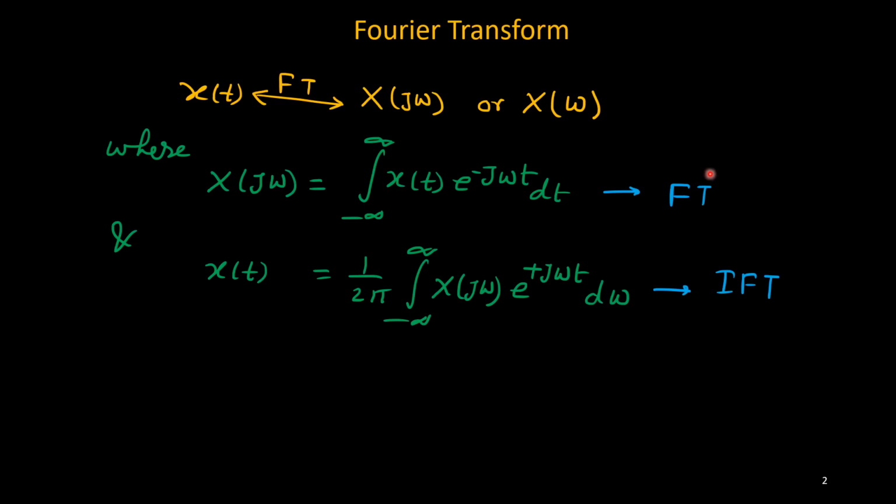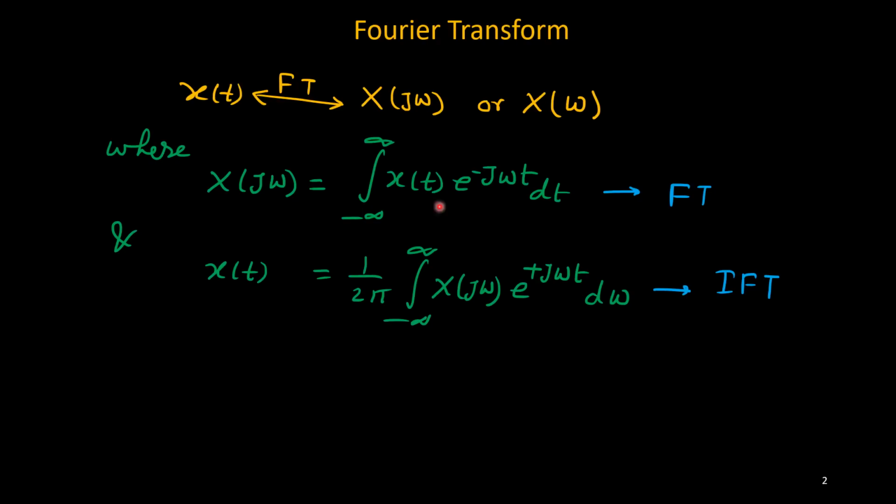We'll start from the Fourier transform, the basic concept. We'll consider signal x(t) in time domain, and its Fourier transform we'll consider capital X of j omega, or sometimes it is written as capital X of omega, and it is defined as X(j omega) equals the integral of x(t) e to the power minus j omega t dt.